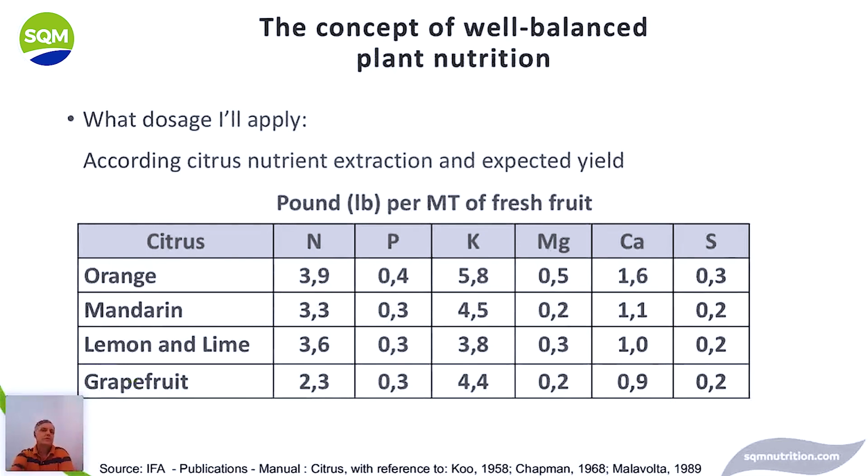Another point to consider to define the dosage, what dosage I will apply, is the nutrient extraction, and it's different for every crop. Every crop has its own nutrient extraction.